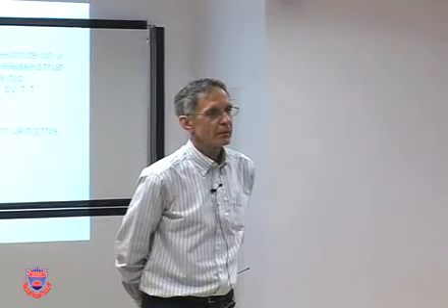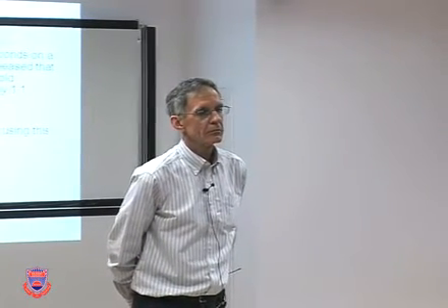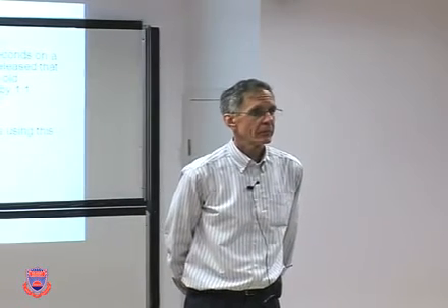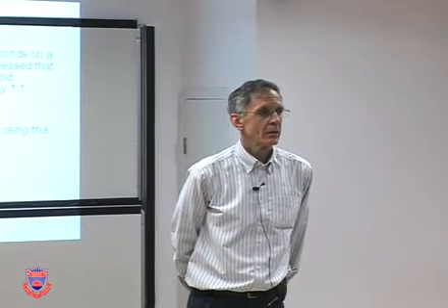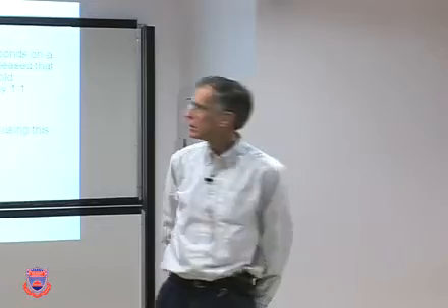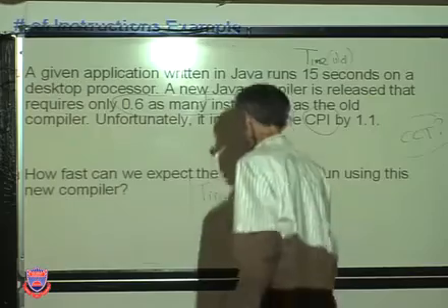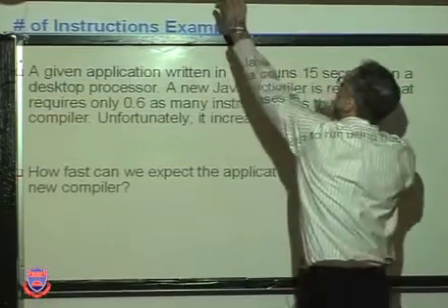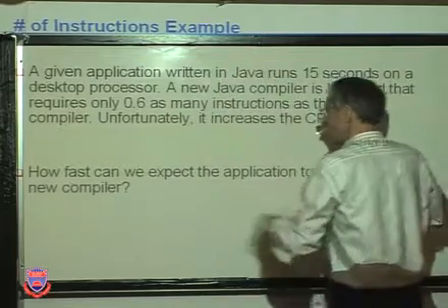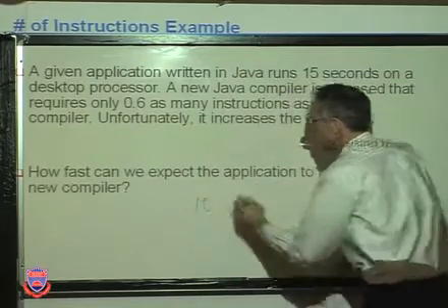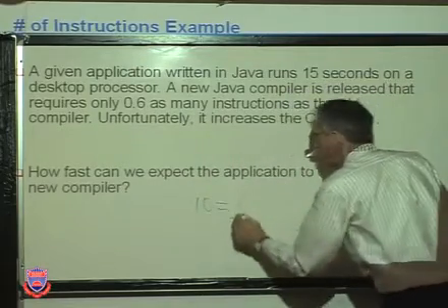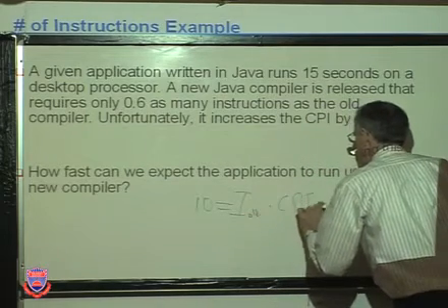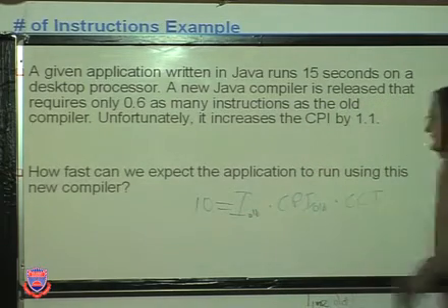Yeah. We first get the old time, this 15. Old time's 15. Yeah. Then the instructions are reduced by 6 over 10. Okay. Multiply. Did anybody start like this? 15 is equal to I old times CPI old times clock cycle time.